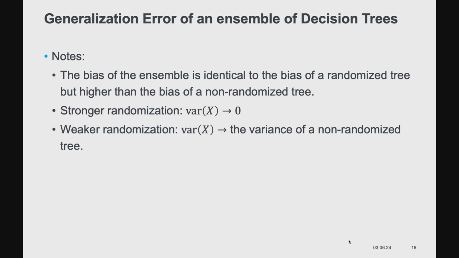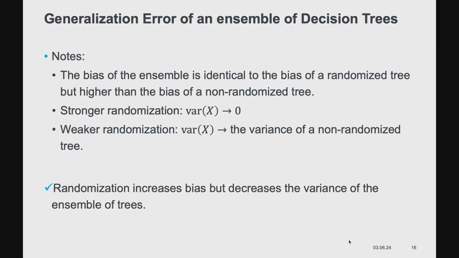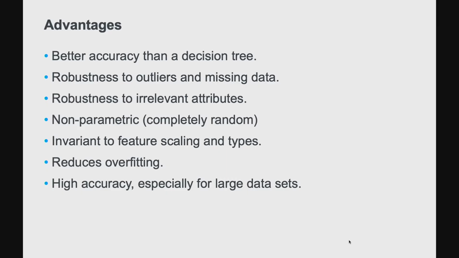If we only take one attribute, then of course we have a lot of randomization for each individual tree, but the quality will not be so high, the bias will be rather large. So randomization increases bias, but decreases the variance, and that leads us to the bias-variance trade-off, similar to what we had before.